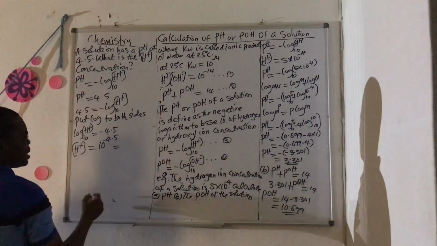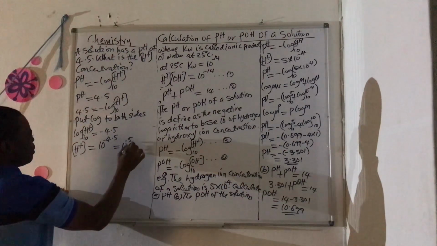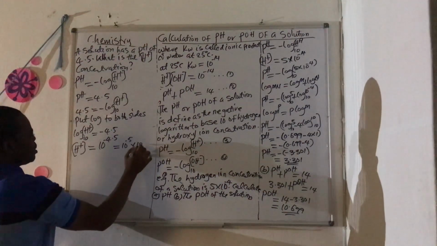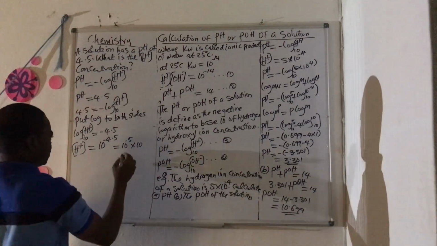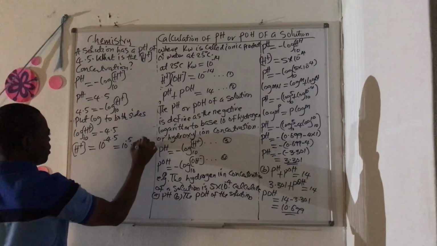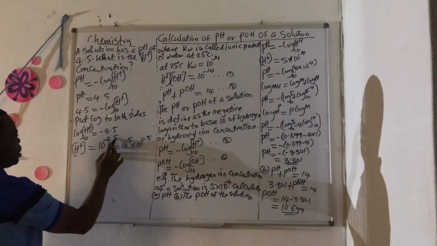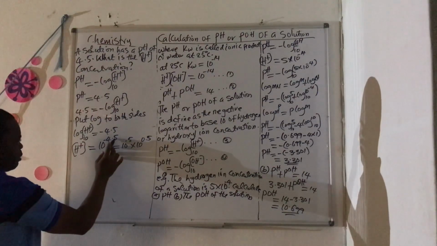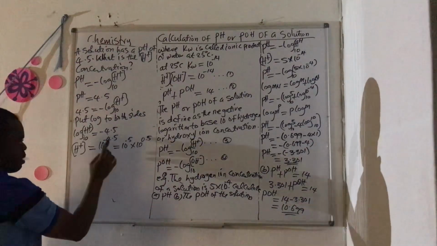somebody can write it as 10 raised to power minus 5 times 10 raised to power 0.5. What I've just done here is that it is supposed to be 4.5, and the difference between 4.5 and 5 is just 0.5, so I add 0.5 to make it 5.